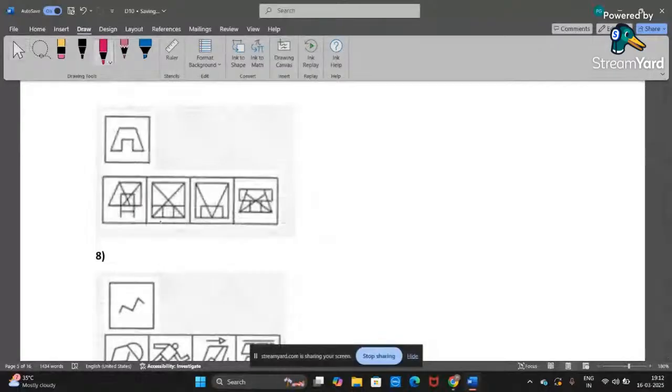This one, yes, see, we can easily identify this one. Yes, right. The main figure is embedded in option D.